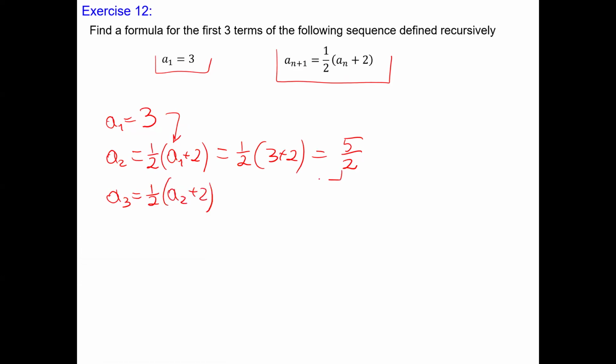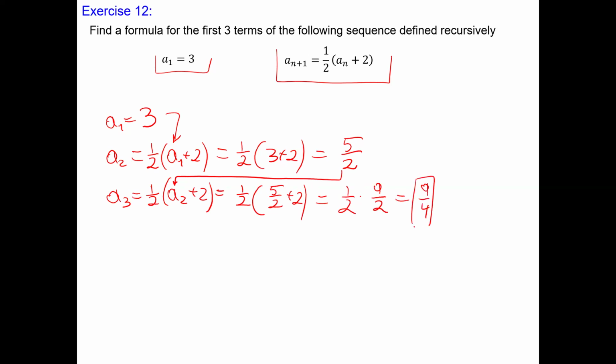We can see we always need the term before. Okay, 1/2 times 5/2 plus 2. I don't know, who can help me? 9/2, if I am right, because I already added 2 numbers wrong for the Fibonacci sequence.